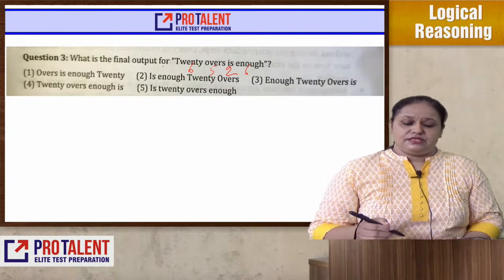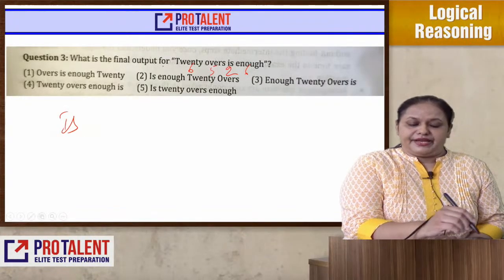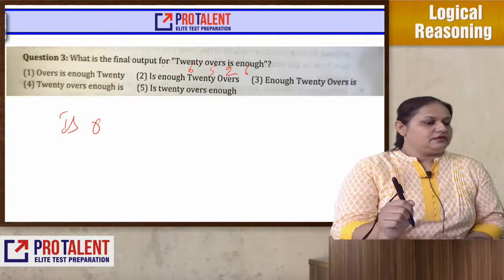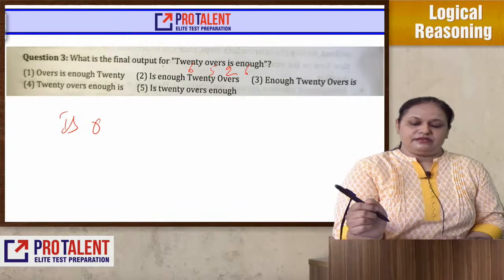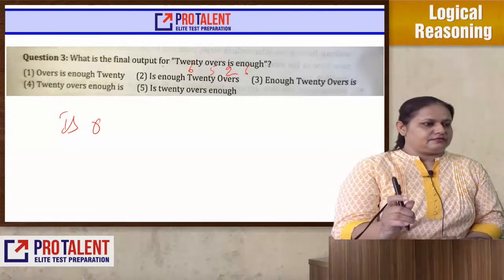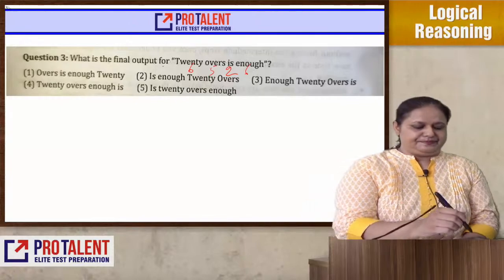The final output should be is, then overs. Is it so? Option 3 is right. Option 3, correct. Fine. Okay.